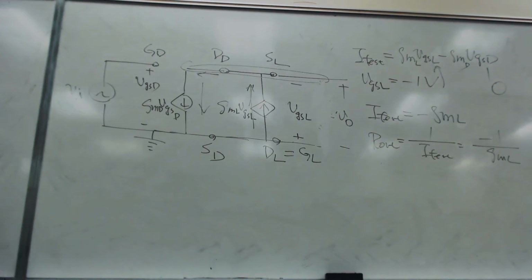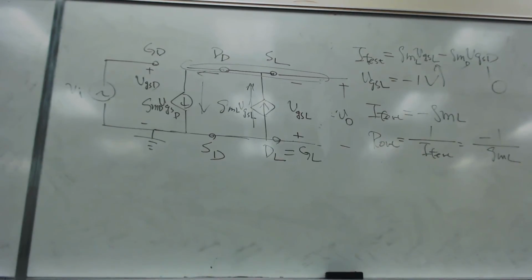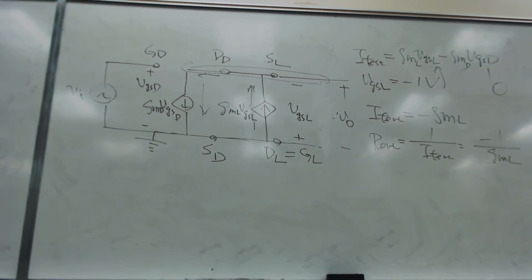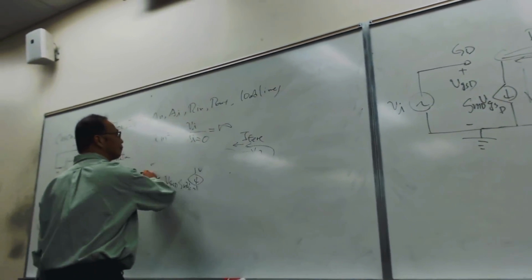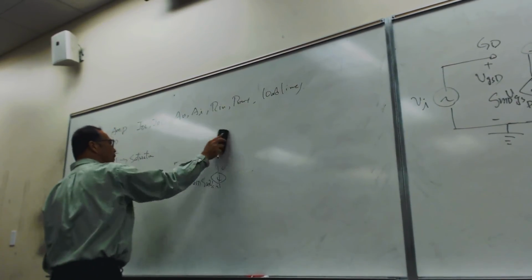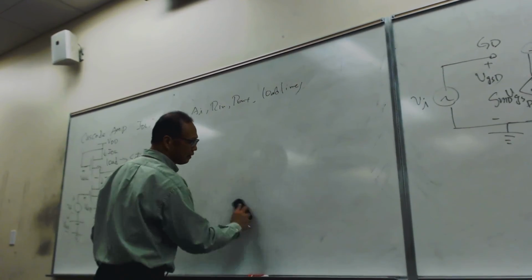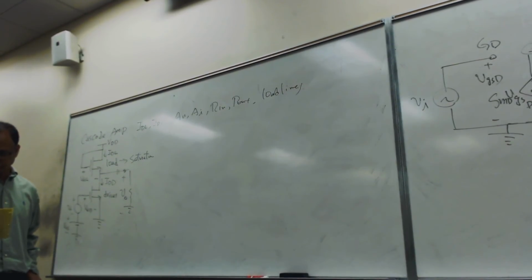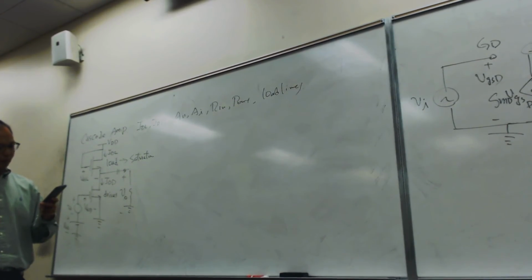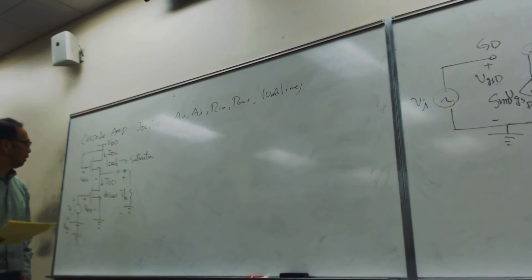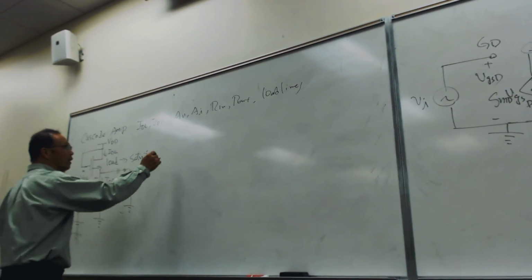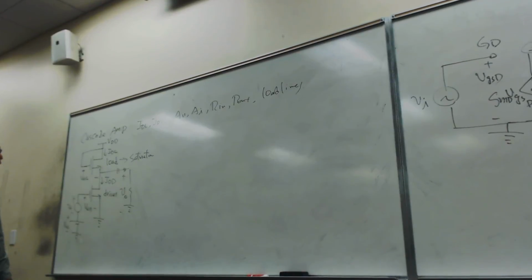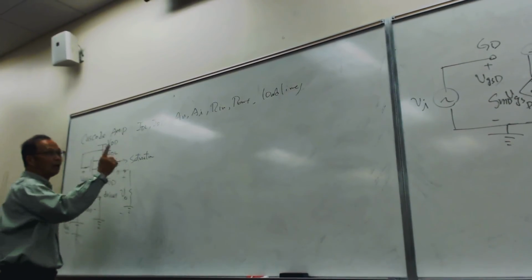Okay, let's do the load line. The load line also becomes tricky. Let's do this quickly. If you have to do the load line, you have to use the output loop.